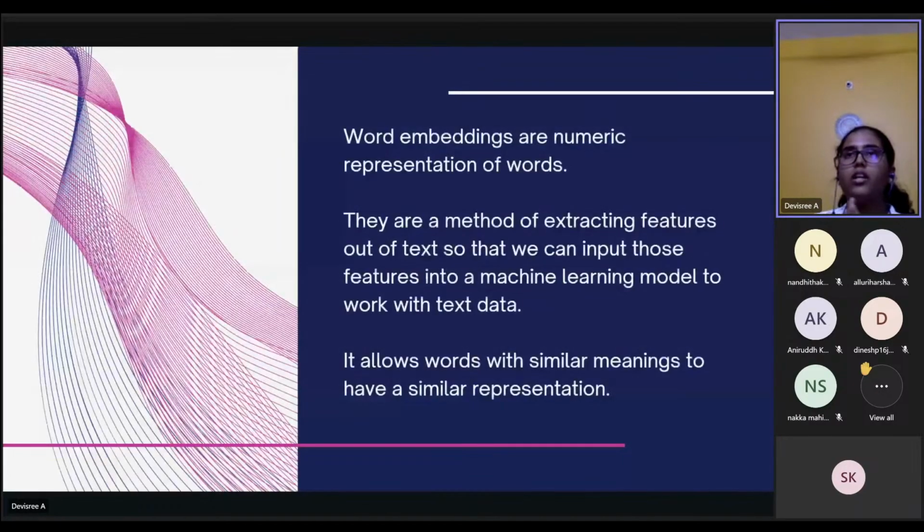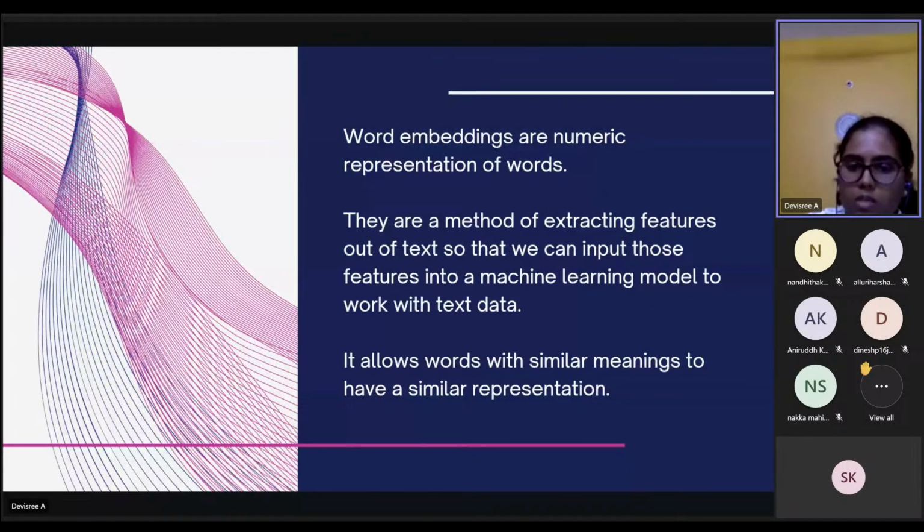We convert the tokens into numbers or vectors because computers or ML models are more comfortable working with numerical data than with string or text data. So it will be easier for the models to extract features from the numerical data. Hence word embeddings is an essential part of NLP.